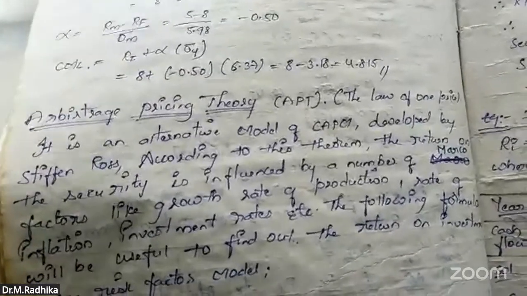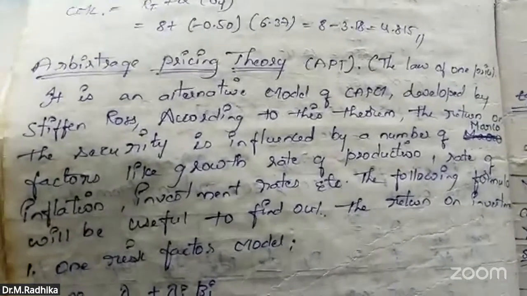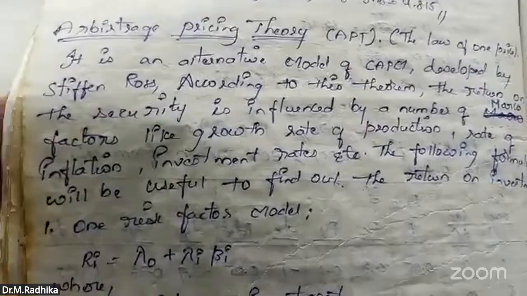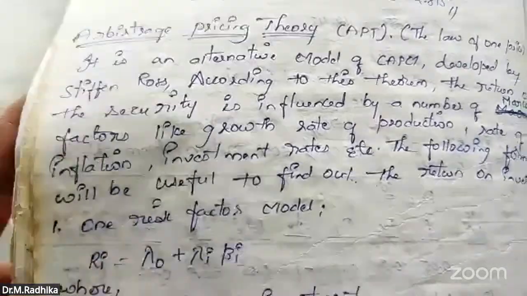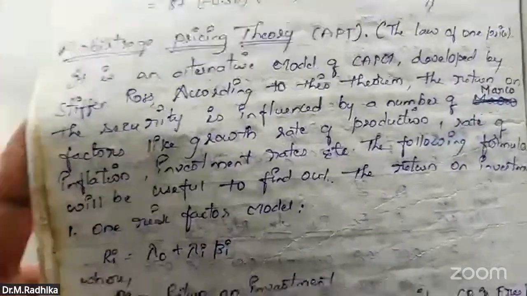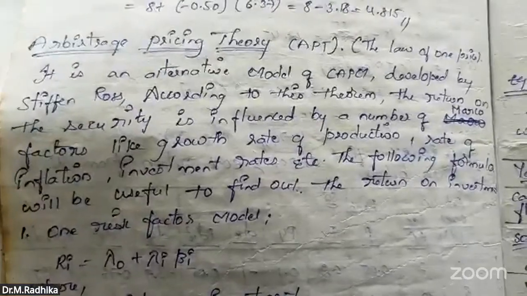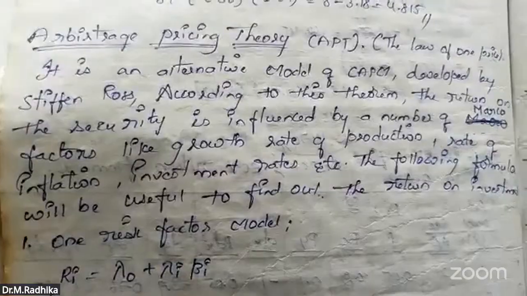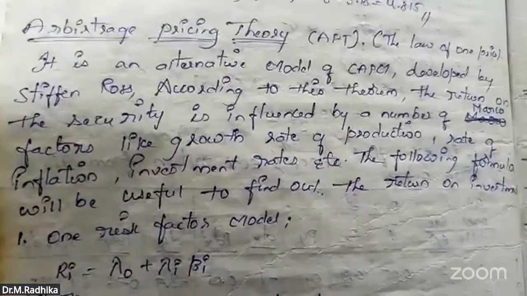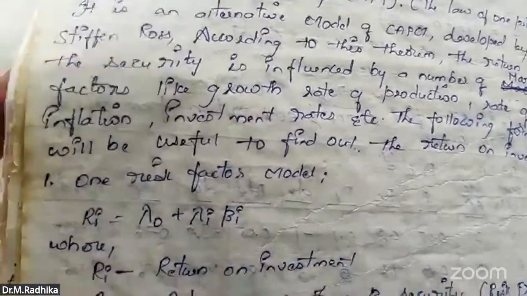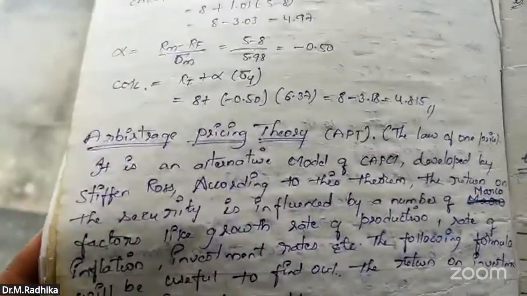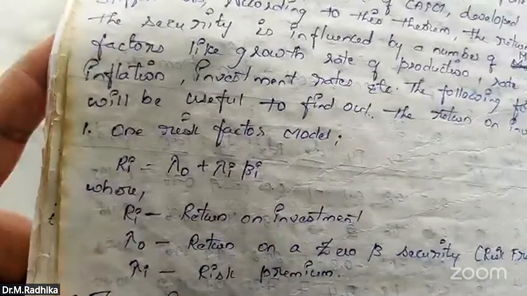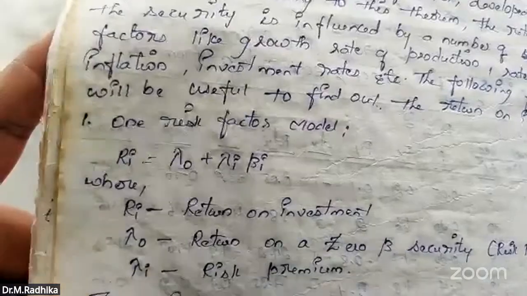It's arbitrage pricing theory. This is also called the law of one price. It is an alternative model to CAPM, developed by Stephen Ross. According to this theory, the returns on securities are always influenced by a number of macro factors like growth rate, production, rate of inflation, investment stress, etc. So we are going to use the following formula to evaluate APT. The formula is lambda naught plus lambda i beta i.